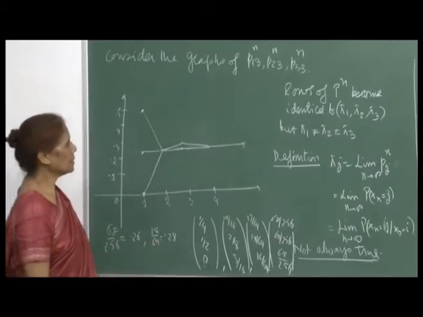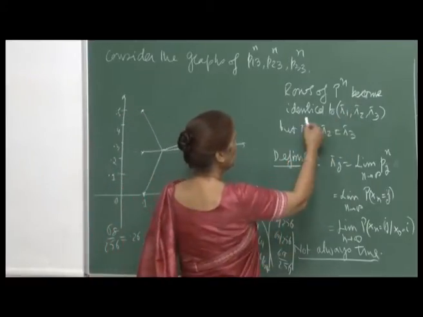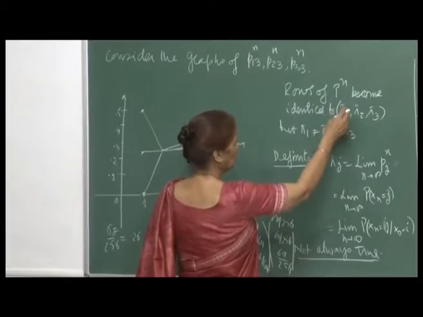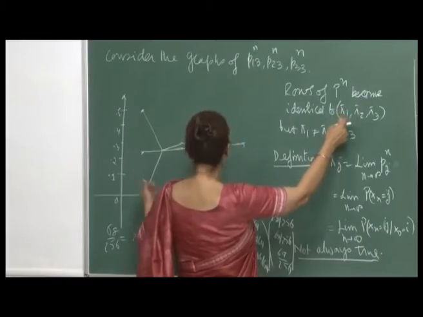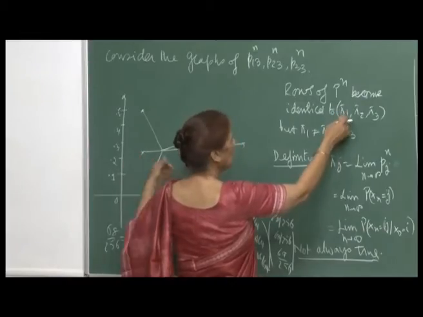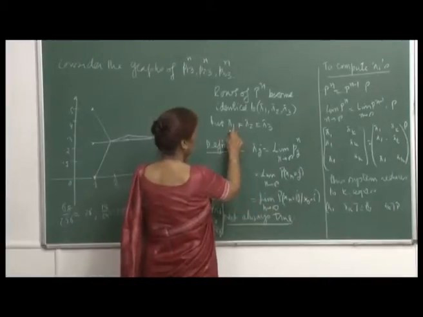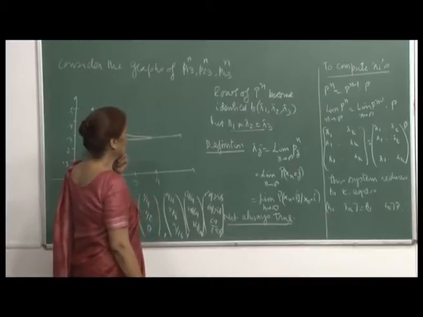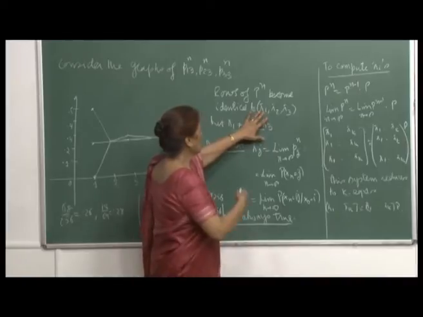So, what we are going to say is that the rows of P n become identical to pi 1, pi 2, pi 3. All the rows, because the starting state of the system does not matter, will be pi 1, pi 2, pi 3, but it is not necessary that the three probabilities are the same. Essentially this is a long term behavior.